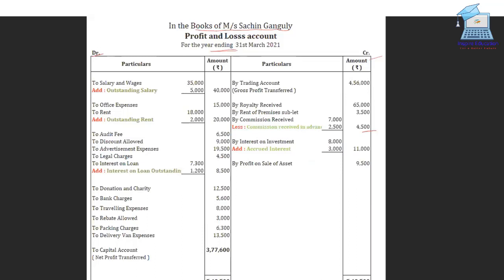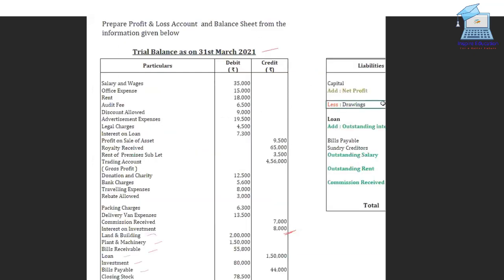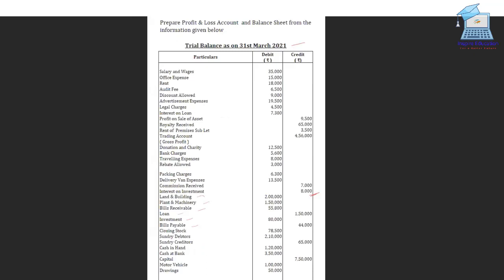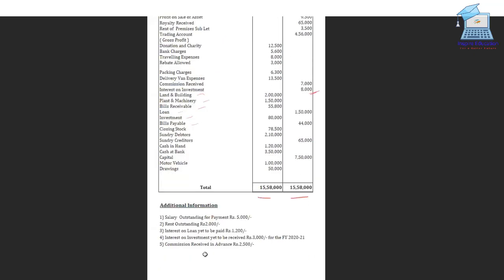This is the question. In the question, it is asked to prepare the profit and loss account and balance sheet. You can prepare the profit and loss account by posting these items. Salary and wages, office expenses, rent, all these things are your expenses, and there are a few adjustments.